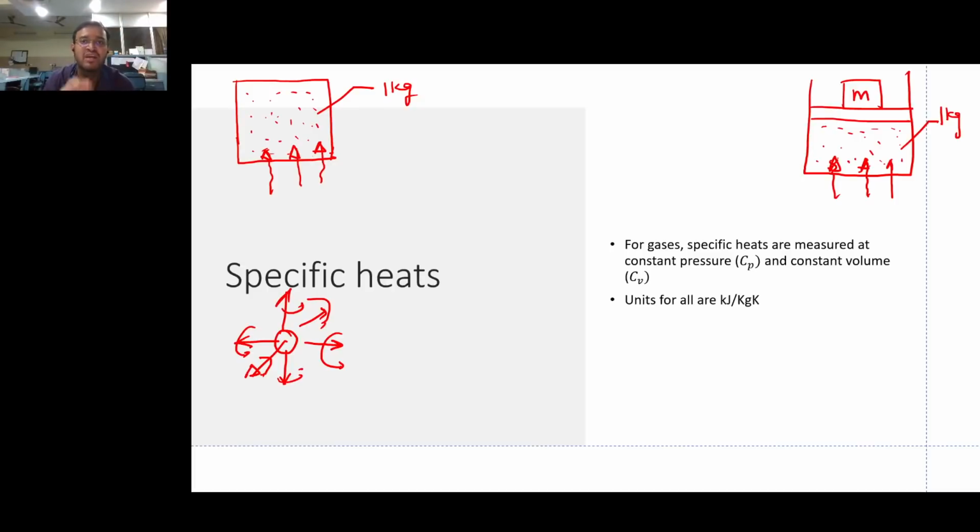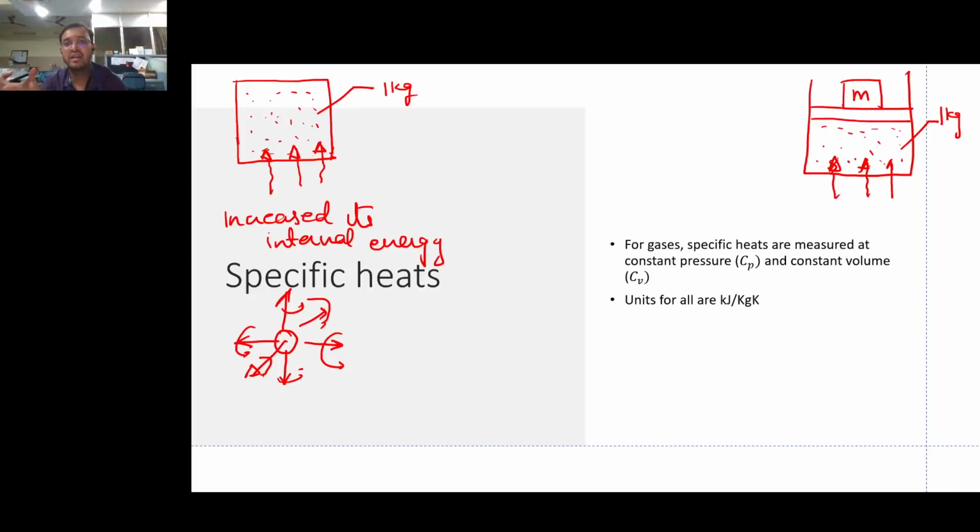This is nothing but the increase in its internal energy. So when you are heating this gas up in a closed, constant volume environment, whatever heat you added increased the internal energy of the gas.